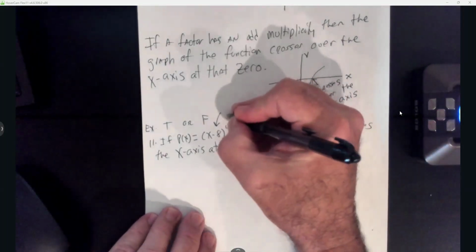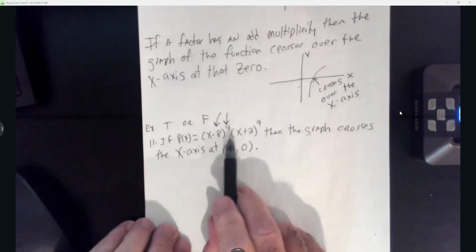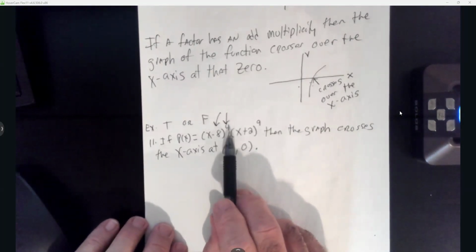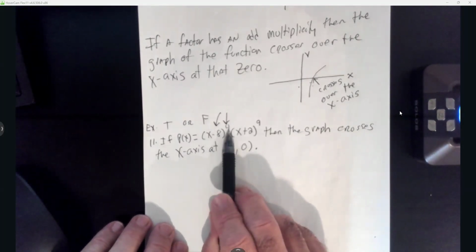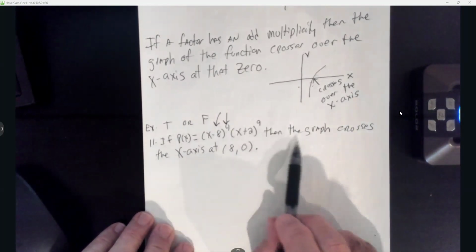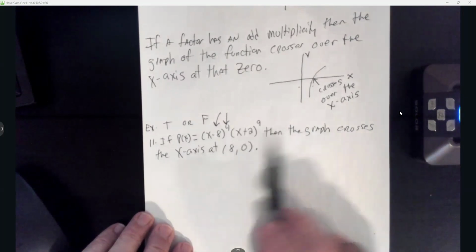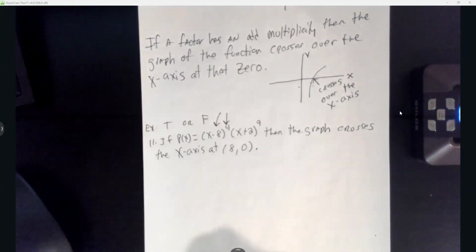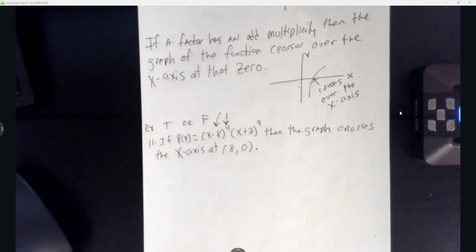Now, what am I looking at? I'm looking at that multiplicity. That is the even multiplicity. So, is this graph going to cross at that point, or is it going to be tangent at that point? What do y'all think?